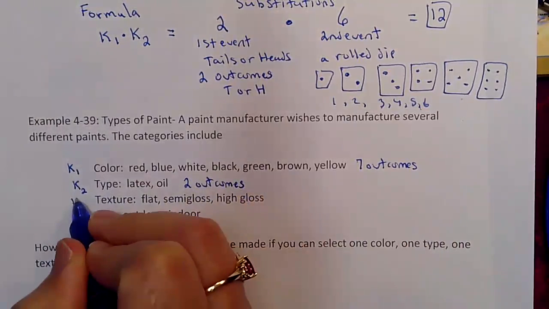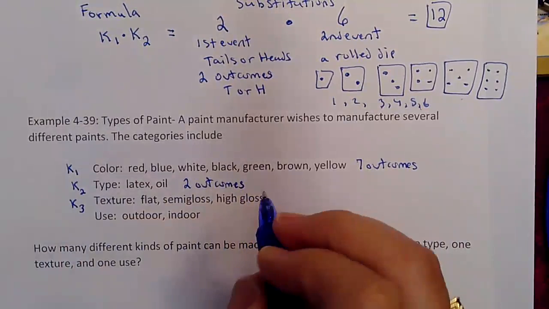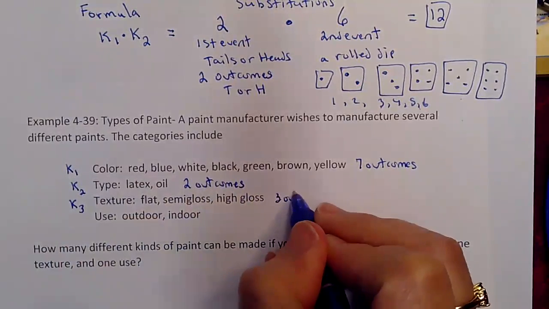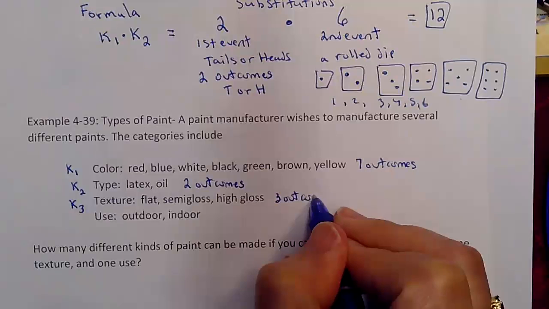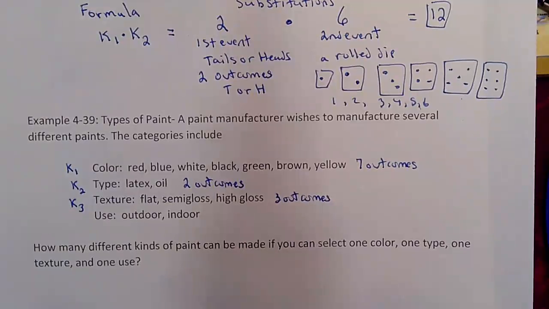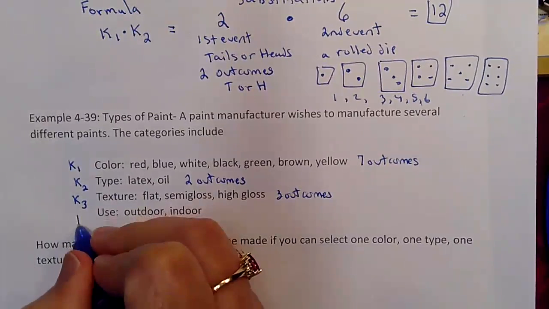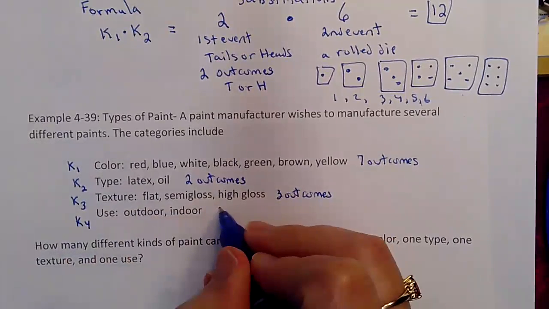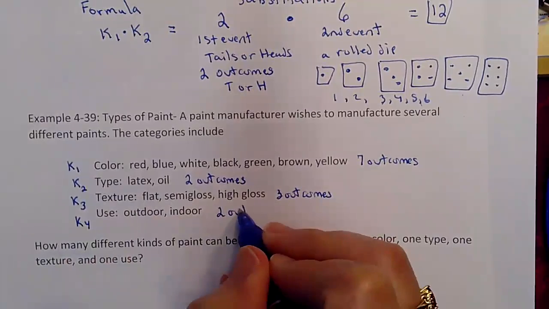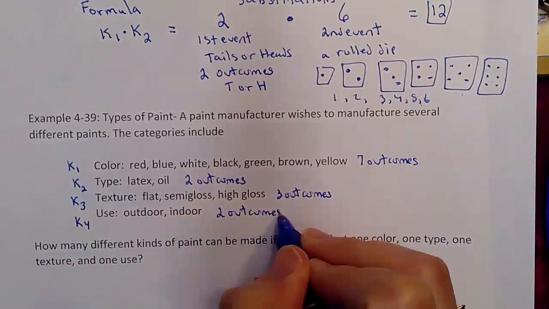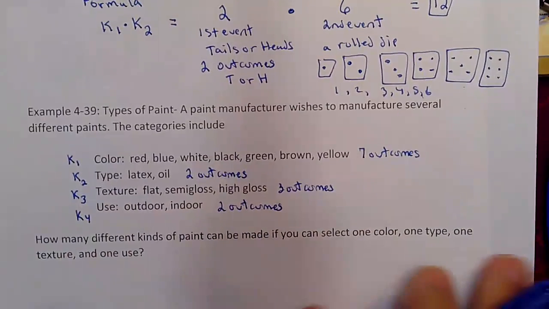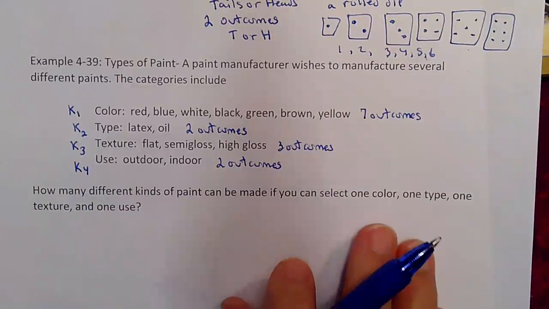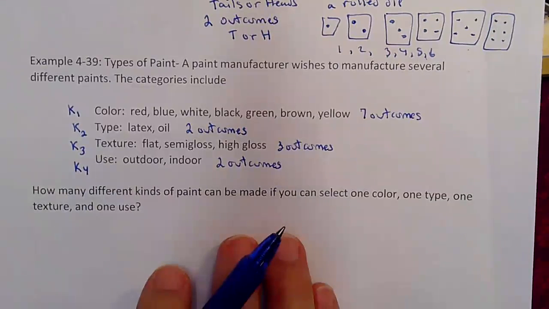This could be K3 event, the texture. 1, 2, 3 outcomes, flat, semi-gloss, high gloss. And then K sub 4, outdoor, indoor. So 2 outcomes. How many different kinds of paint can be made if you can select one color, one type, one texture, one use?